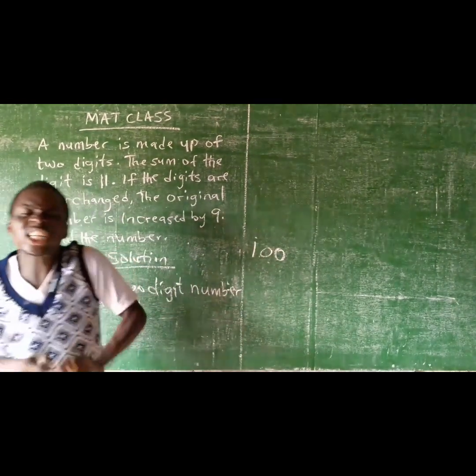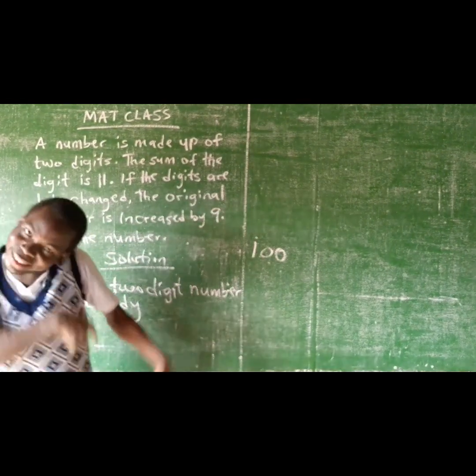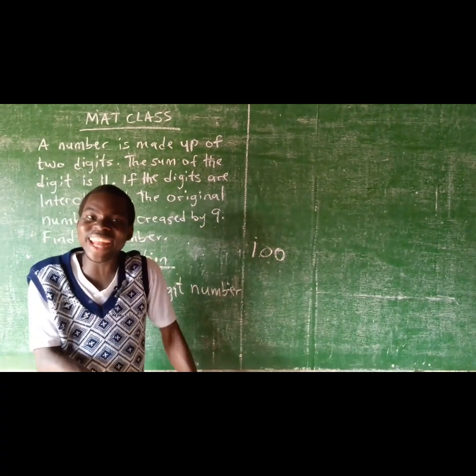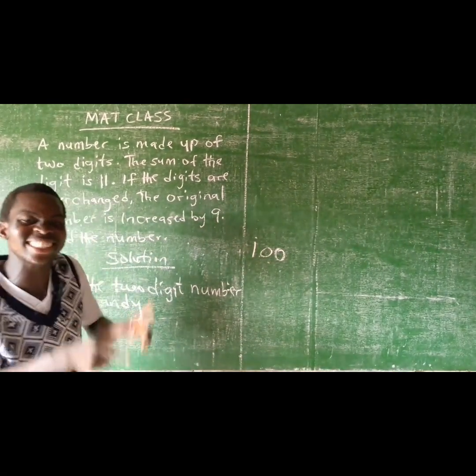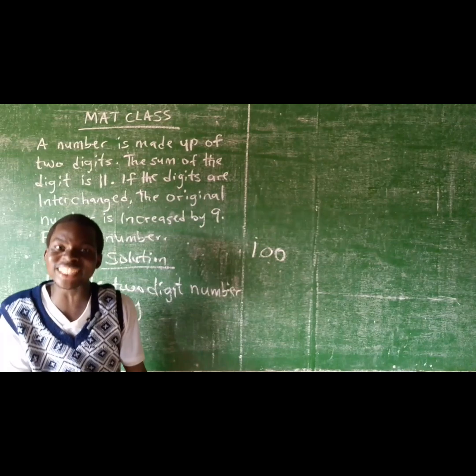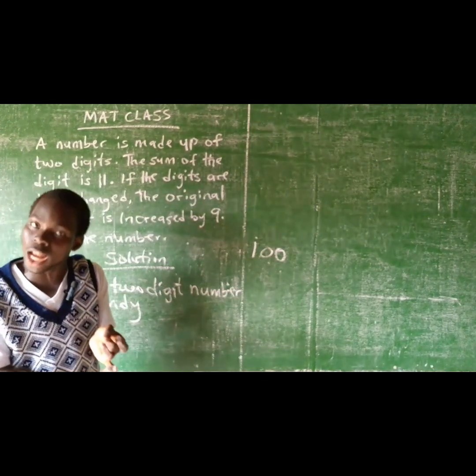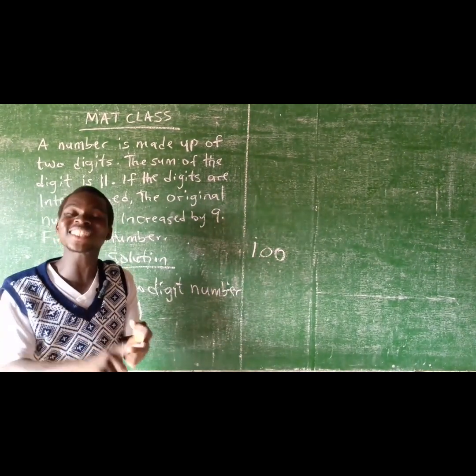But I did not know exactly whether it's 10 I'm going to use, whether it's 99, whether it's 20, because in this 10 digit number, we have 11, we have 12, we have 13.